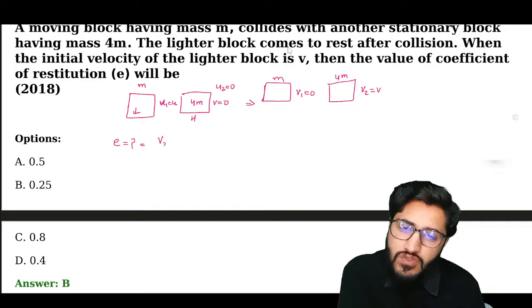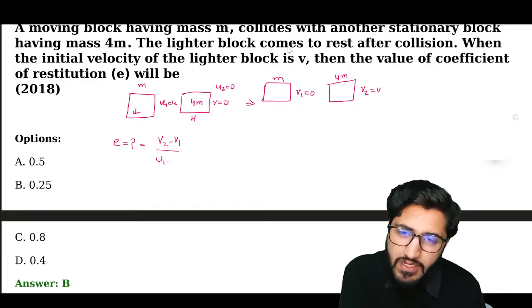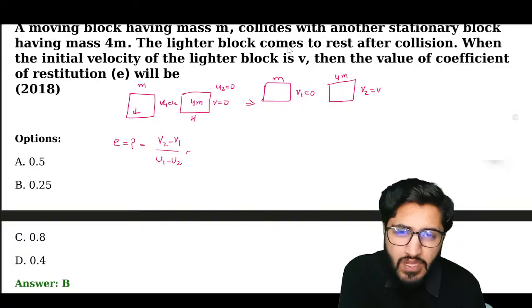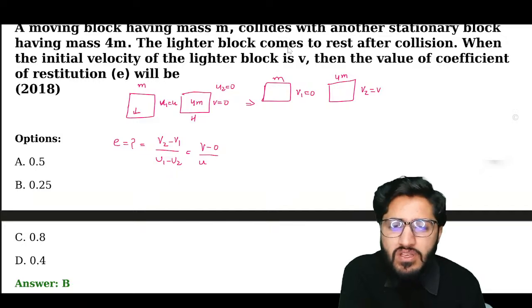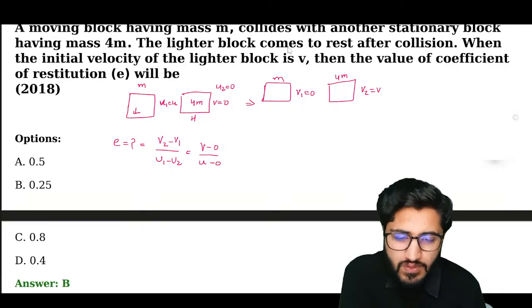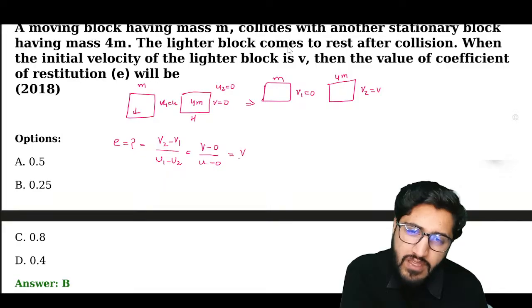It is velocity v2 minus v1 whole divided by u1 minus u2. Look, v2 is v, v1 is 0, divided by u1 which is u, and u2 is 0. It came out to be v by u.